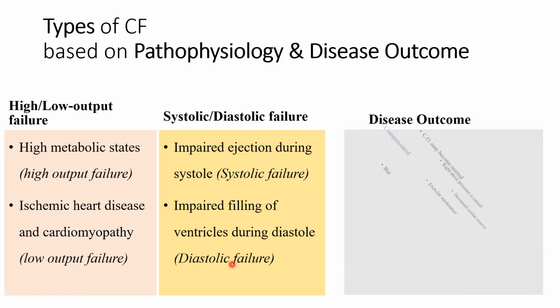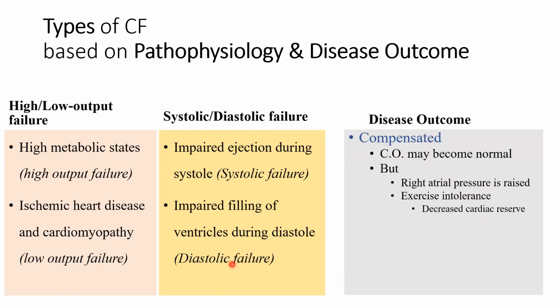Then we've already discussed compensated cardiac failure. In this, cardiac output may become normal eventually, but at the cost of raised atrial pressure, and decreased exercise tolerance, which is basically the cardiac reserve, the ability to increase cardiac output. In a normal person you can increase the cardiac output many folds, while in an athlete, it's many hundreds of folds.